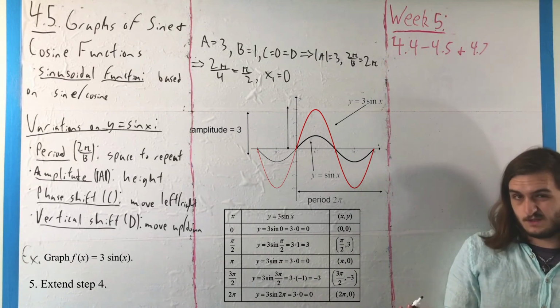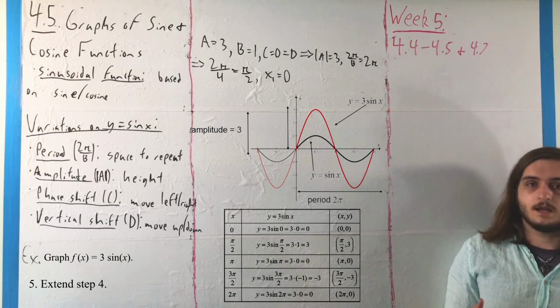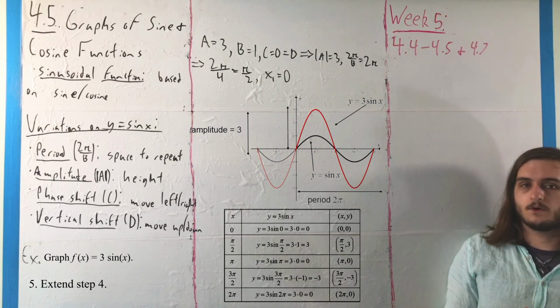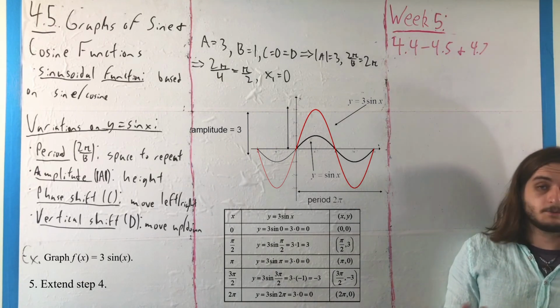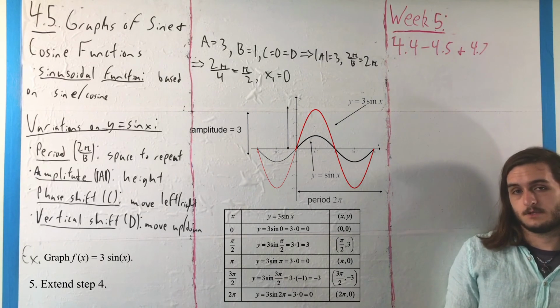And this is really all we do when it comes to graphing these functions. We just take our points, plug in some important values that hopefully we've had a little bit of practice with by now, and we repeat as needed to make a picture.